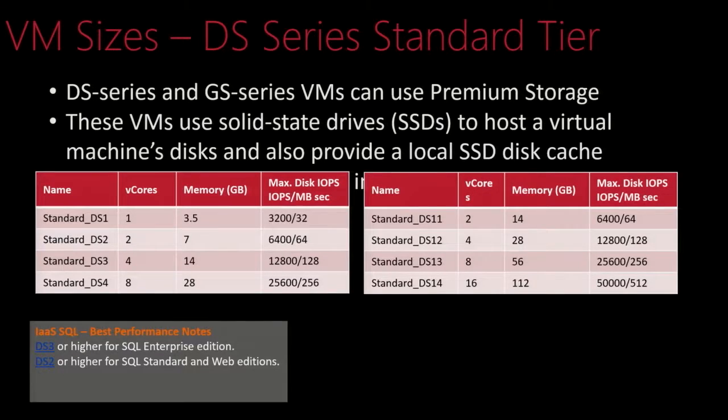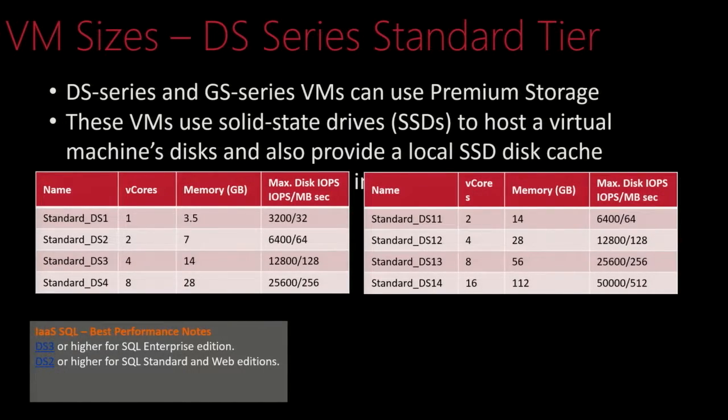The DS, oh yeah, you are seeing this. I thought you were seeing a different screen. So there was an introduction of the S after the D, and also there's the G series and then the GS as well. Basically, the S indicates that they can use premium storage. Premium storage is solid state disks.